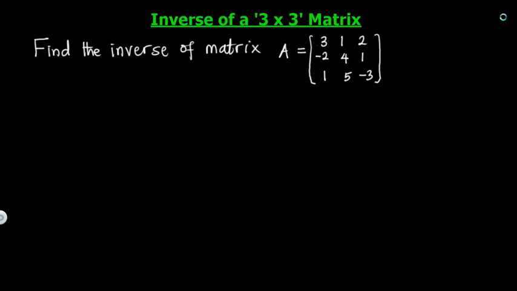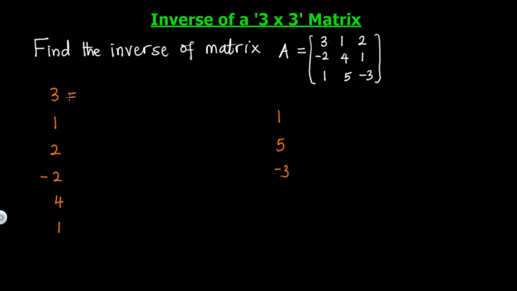So to look for its adjoint, we first need to find, for each of these elements, for easy access, let's take it this way: 3, 1, 2, minus 2, 4, 1, then to the other side, which is 1, 5, minus 3.